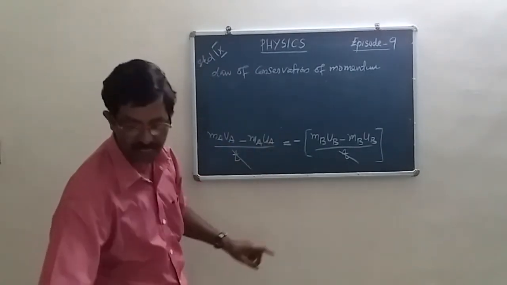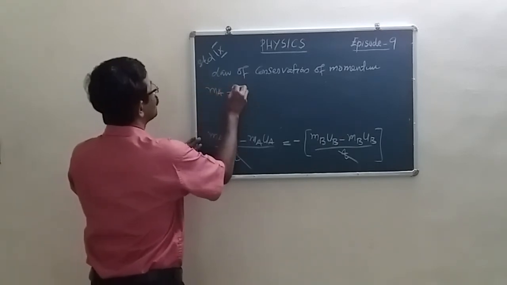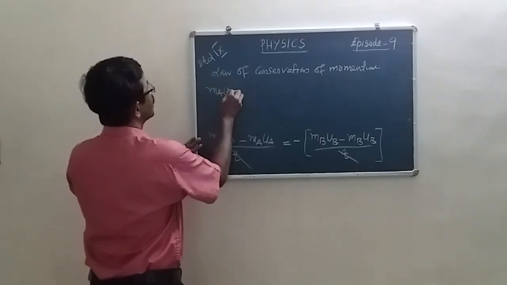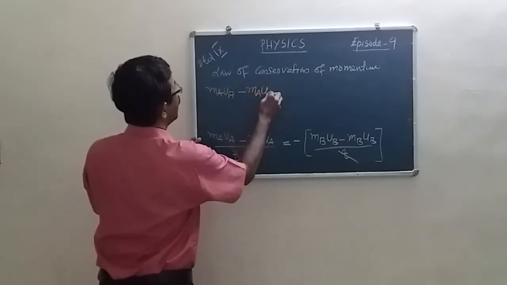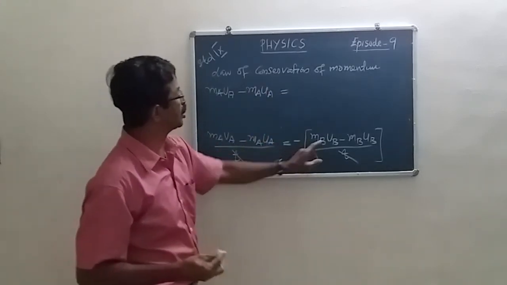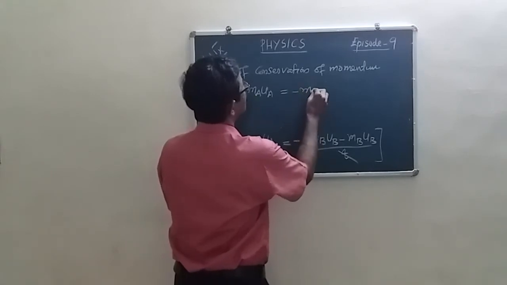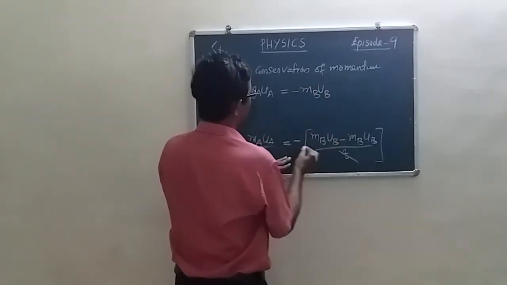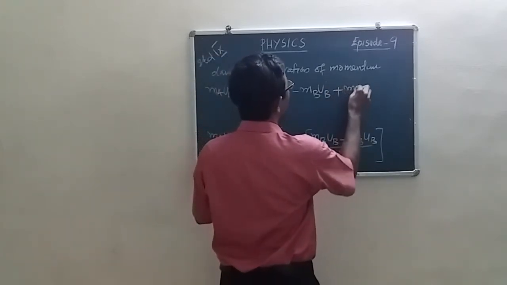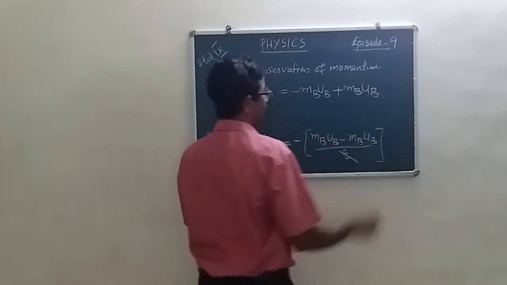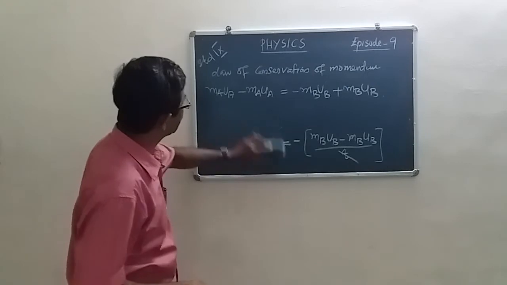After cancelling here, see, what is here? M_A V_A minus M_A U_A is equal to, with the minus multiplying, minus M_B V_B minus of minus, this becomes plus, that is M_B U_B. Now see, after multiplication we get this way.